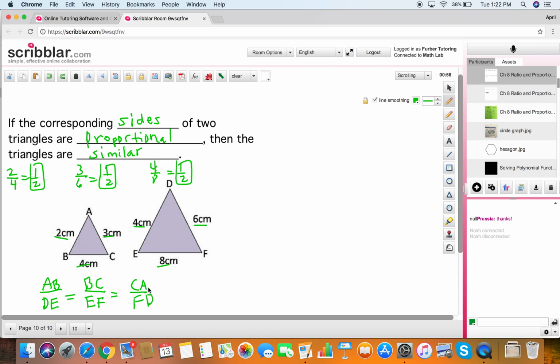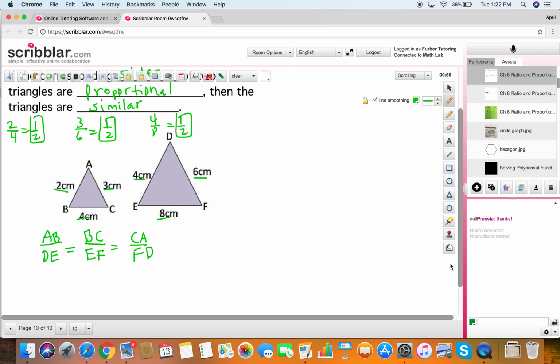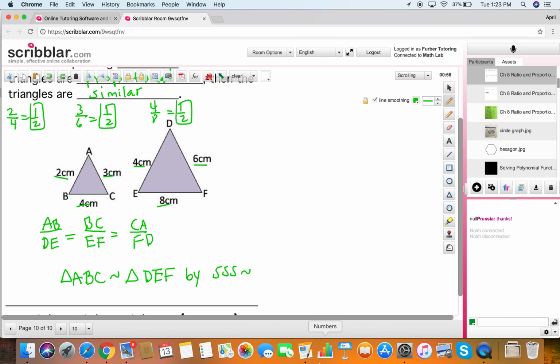And since all of those do have an equal similarity ratio, then that is all we need now, and we can prove that triangle ABC is similar to triangle DEF by the side-side-side similarity postulate or theorem.